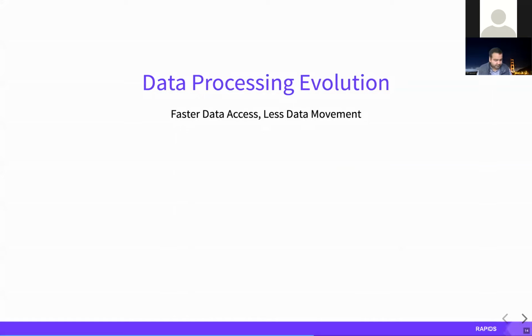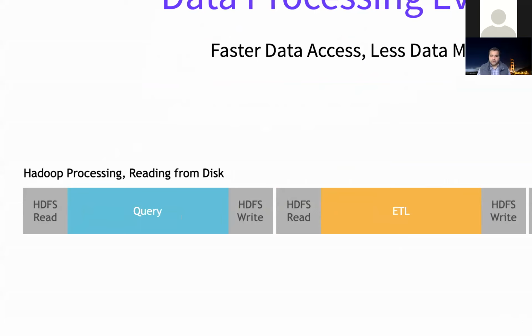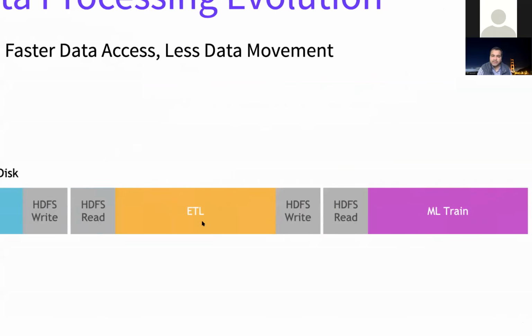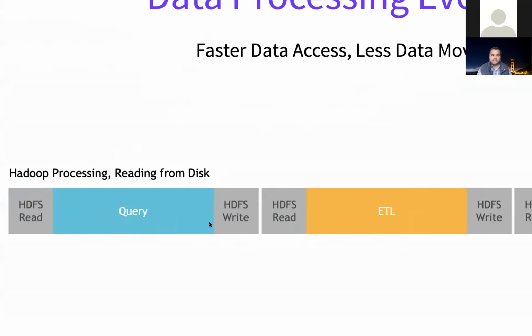Now, if you think about it, about 10 years ago, this is how our data pipelines looked. You had HDFS, Hadoop processing, you were reading from the disk. For every single thing, for query, ETL, and even machine learning training, you had to do two necessary steps, which is HDFS read and HDFS write. You had to read from the disk, do your compute, and write into the disk, and so on.